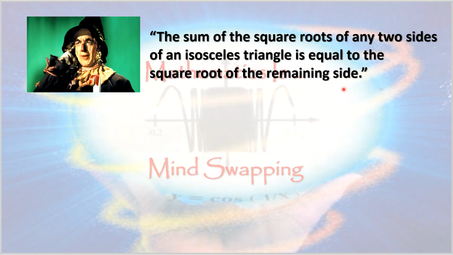Well, the Pythagorean theorem has squares, not square roots. It also applies to a right triangle, not isosceles, and starts with the hypotenuse and goes to the remaining sides instead of any two sides going to the remaining side. Other than that, okay, so what happened here? Did the actor get it wrong and nobody noticed?